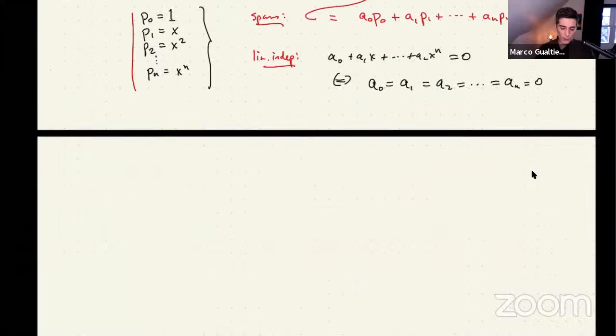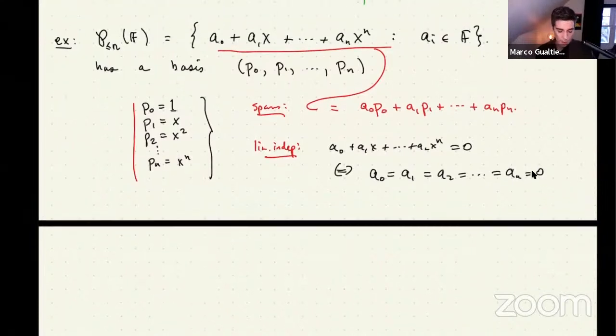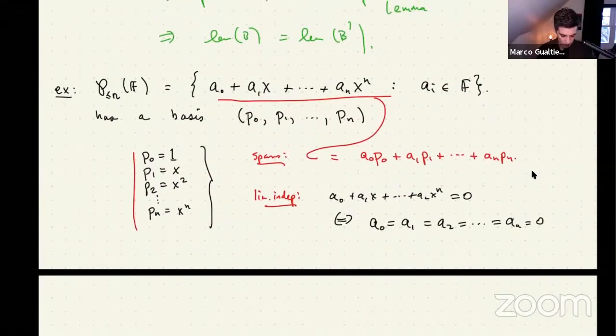And so the only possible linear combination of these polynomials which is equal to the 0 polynomial is the combination where all the coefficients are 0. And that doesn't produce any redundancy. So this is totally linearly independent, and so that means that we get a basis.